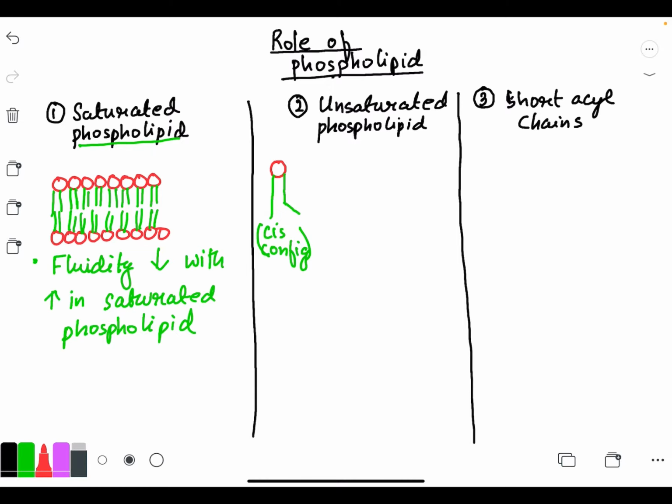And since this kink is produced, the second phospholipid molecule cannot pack closely, right? It has to be at a distance. And there is another kink, like this. Hope you get the point, that because of this kink, the phospholipids will be at a distance apart from each other instead of being closely packed as in saturated phospholipid. So as you see, the space increases, and therefore this also increases the fluidity.